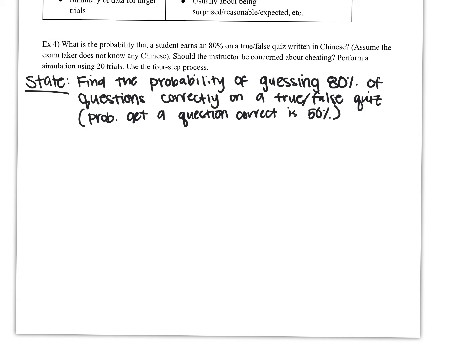So there's a couple different ways we could perform our plan. If we wanted to use a table of random digits, we could do that. We can also use our calculator function, randint, to perform it, which is what I'm going to go ahead and do. So we're going to use the random number generator.